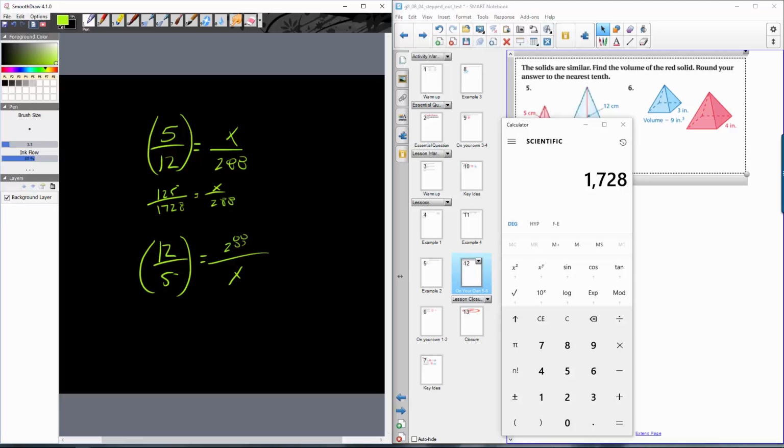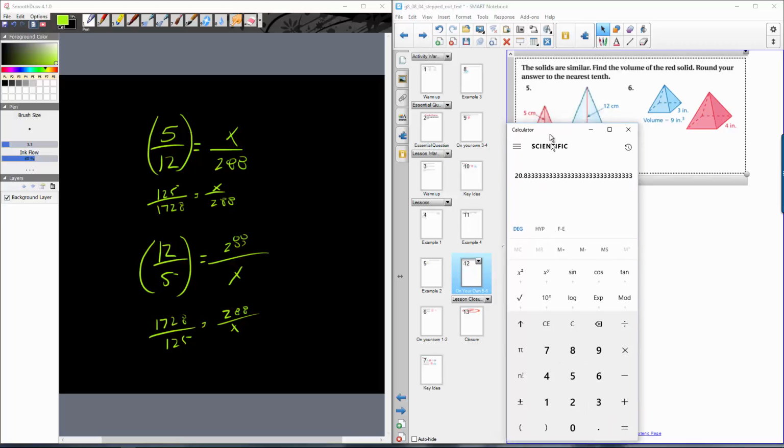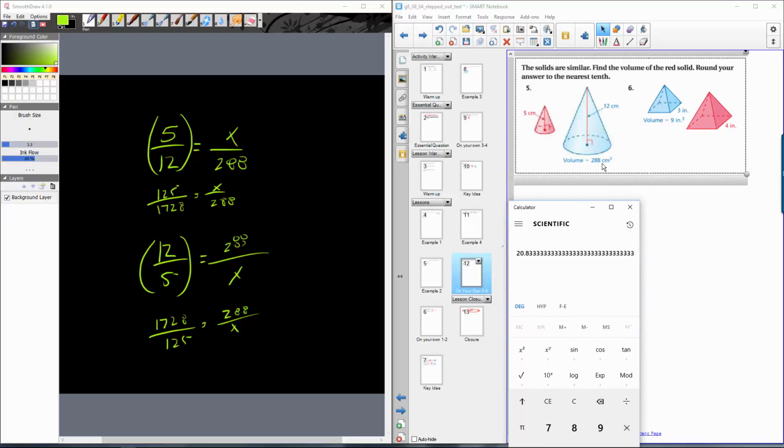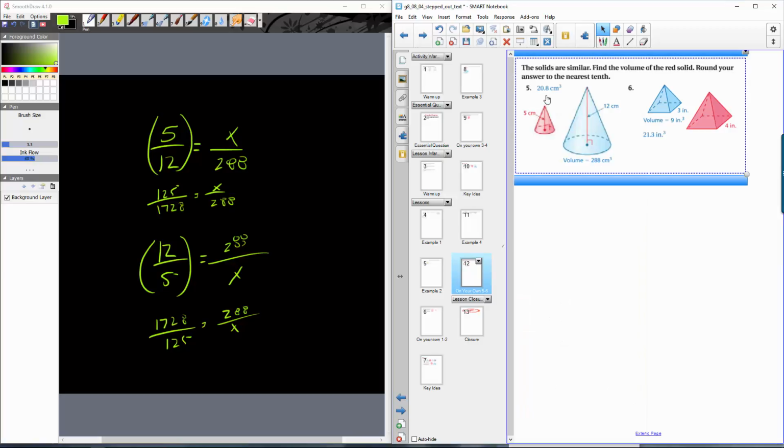And then this one here would be the same thing, only it would be 1728 over 125 equals 288 over x. See, when I cross multiply, it doesn't really matter. It'll be the same numbers, right? So let's actually go back to 288 times 125. And then I'm going to divide that by 1728. In this case, I get 20.8333 repeated, which is what this is going to be right here, 20.8.